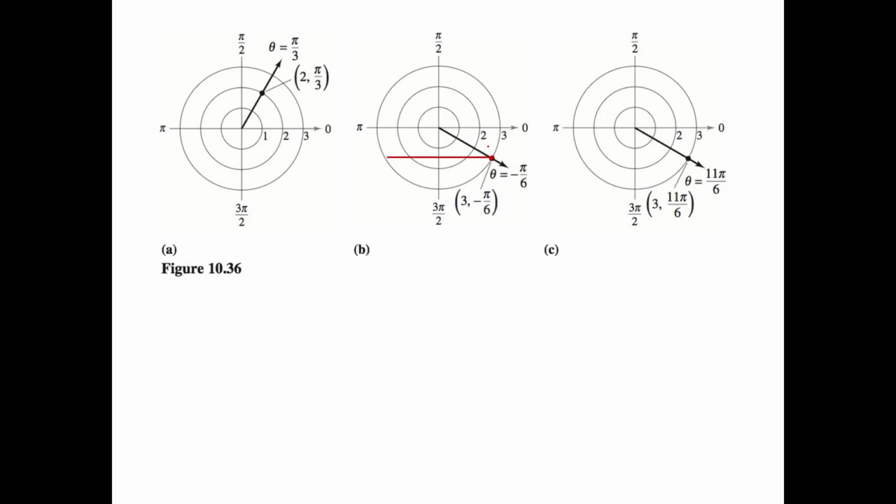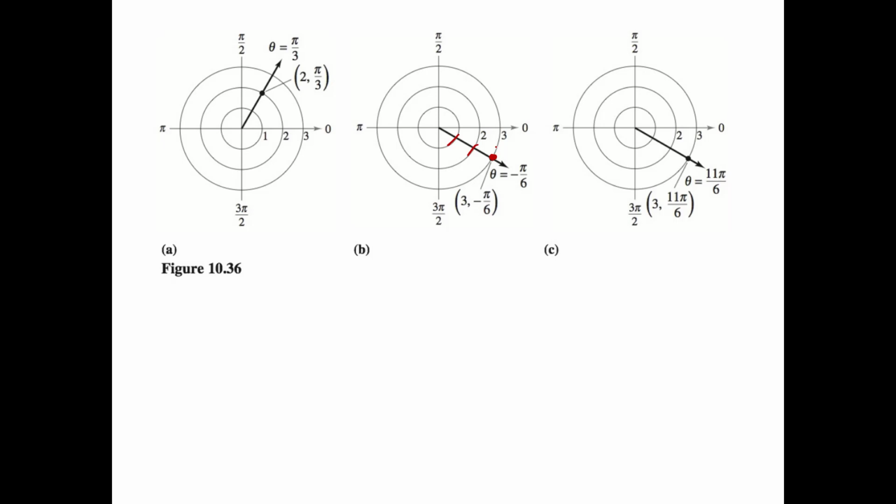So it's right here. So this is another way of looking at it. Personally, I prefer to look at it as rotate the x-axis negative pi over 6 and walk 3 units along it. 1, 2, 3. But this concentric circle gives you a nice visual of what's going on as well.